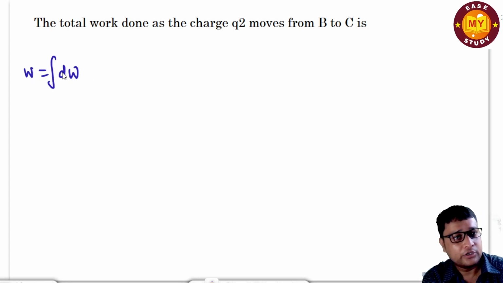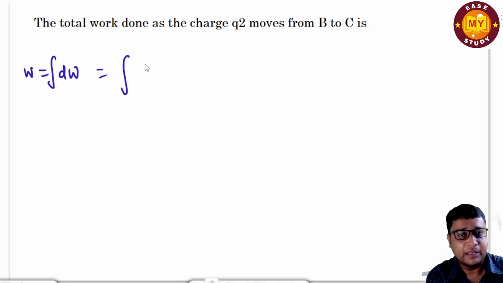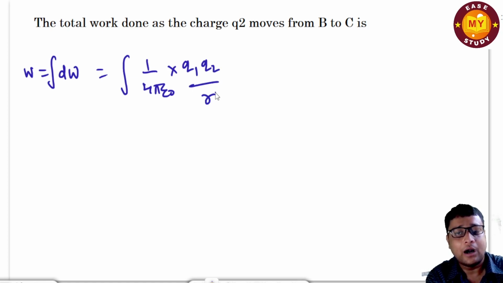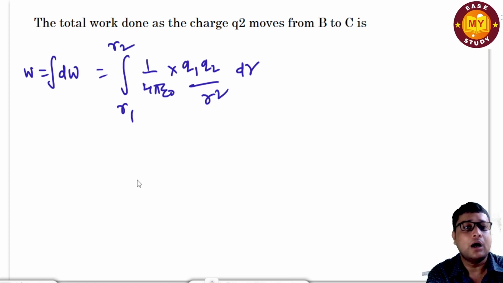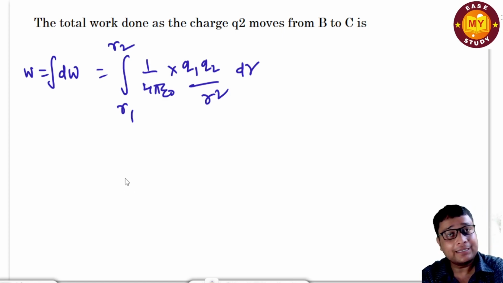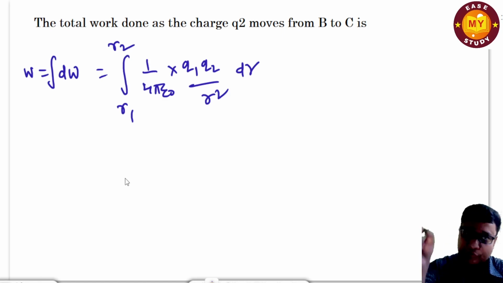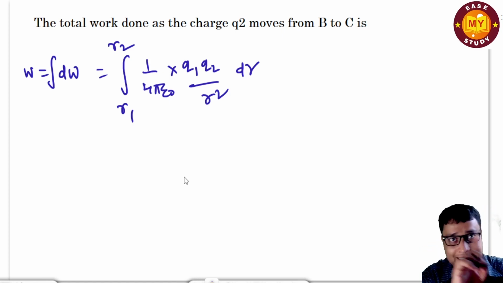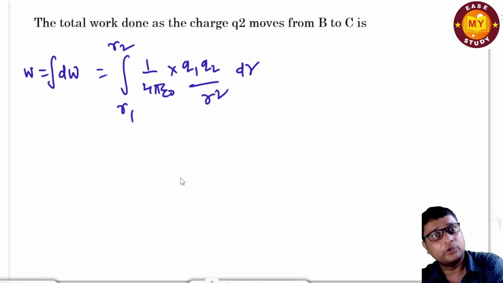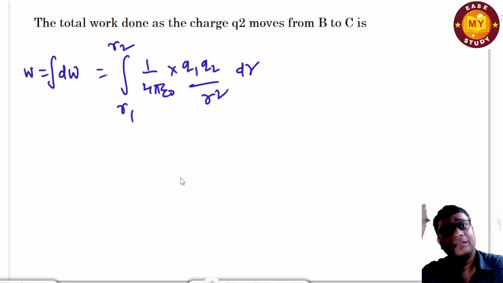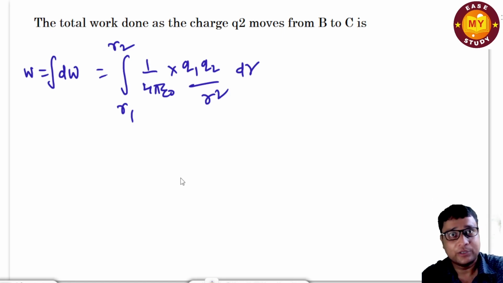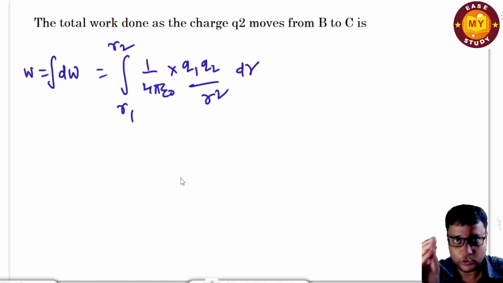So W is equal to integration of dw, and this will be 1 by 4 pi epsilon naught Q1 Q2 by r square dr, from r1 to r2.